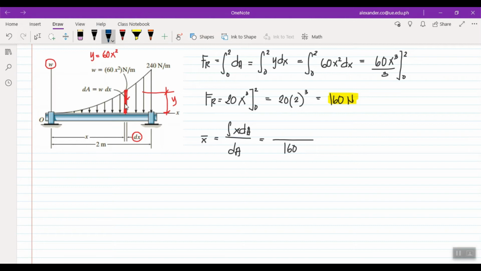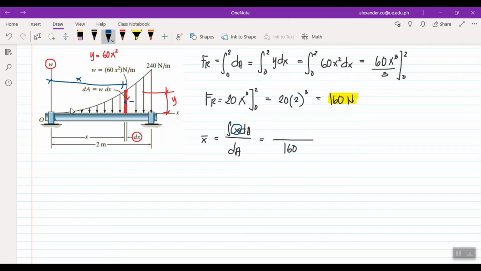So, ito yung centroid niya. So, from here to here. Nagkataon lang na yung x bar tsaka x parehas. Okay? Later, pag nandun na tayo sa centroid, we will go to this in full detail.